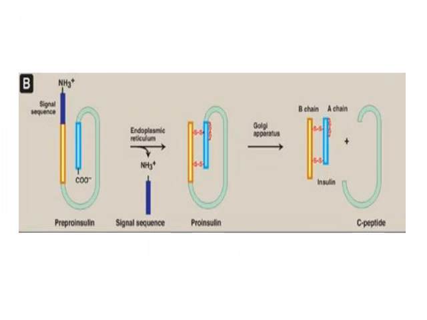When it enters into the endoplasmic reticulum, it leaves this amino part, and it is now left with the proinsulin, which has this B chain. And this is the carboxy terminal, and this is the C peptide, which links this B chain to the carboxylic terminal.